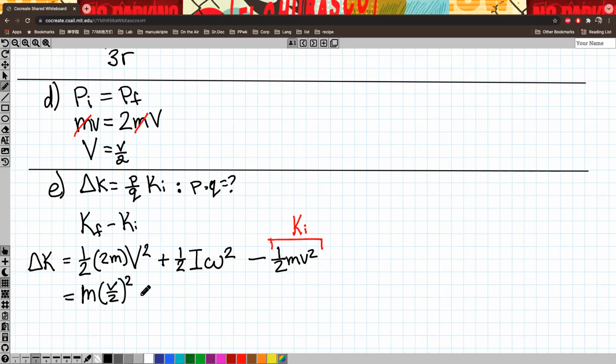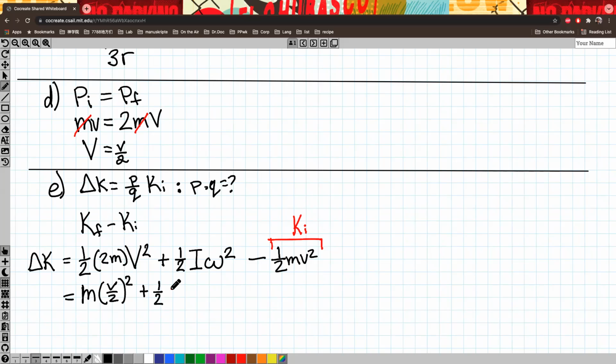Yeah. And what about for the other part? For omega, I mean, omega could equal v over 3r, but I don't know what to. Okay, so I equals what? Initial inertia, we have 3mr squared.